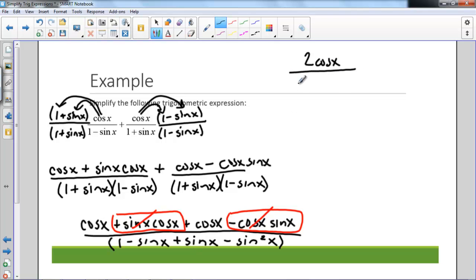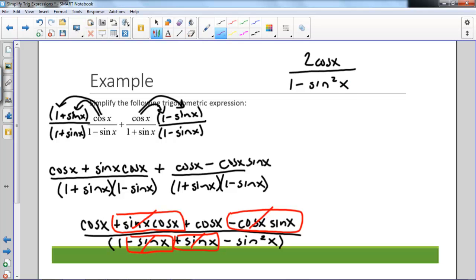Simplifying the bottom down here, I have 1. Yet again, I have a minus sine x and a plus sine x, so these two terms are going to cancel. So on the bottom, I'm left with 1 minus sine x squared.